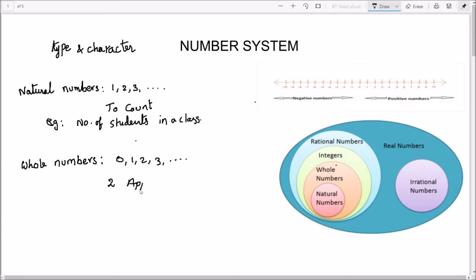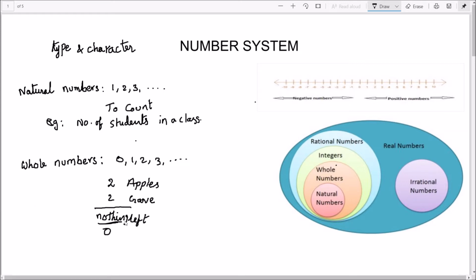I have 2 apples. I gave those 2 apples to my friend. So how many apples are left with me? Nothing. No apples with me. To represent this nothing, we use 0 in mathematics. This is the whole number system.